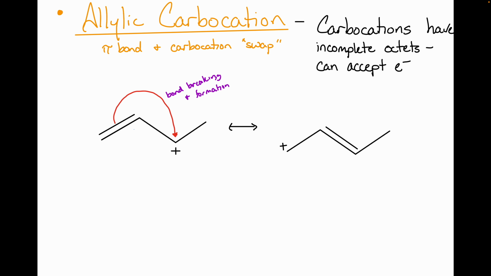What else am I going to need to finish this off to be a true resonance structure? The brackets. So let's be good and put our resonance in brackets here. Again, both of these structures are true at the same time. Those electrons are spread out here. If we look at our positive charge, on this structure it's over here on carbon 3.